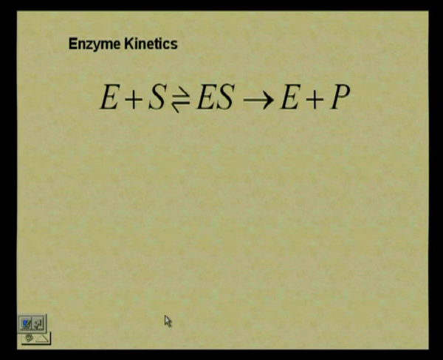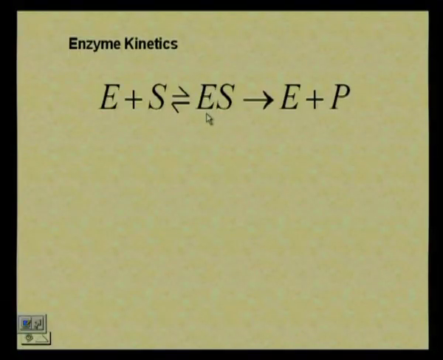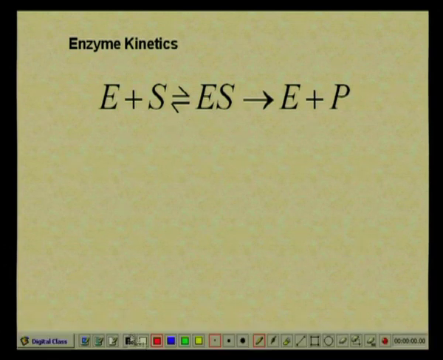What is happening here? We have an enzyme plus a substrate that is going to form the enzyme substrate complex. Now, in this enzyme substrate complex, we have a pre-equilibrium step.